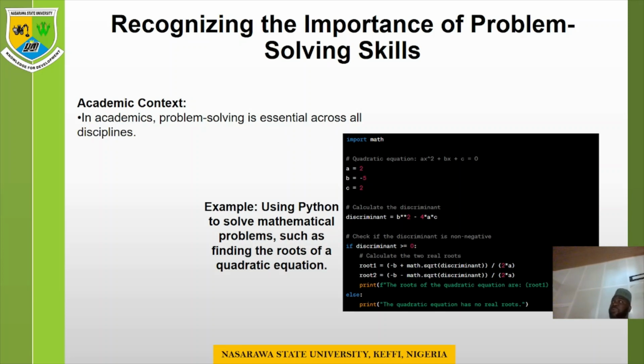A quadratic equation, from the theoretical perspective, is made up of three unknown variables, often referred to as A, B, and C, where A is the coefficient of x squared, B is the coefficient of x, and C represents the constant.